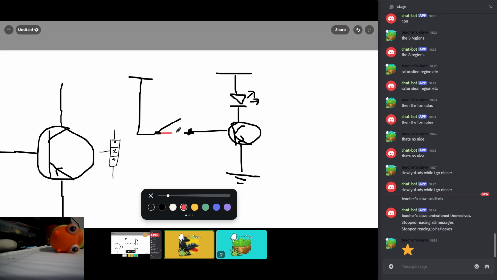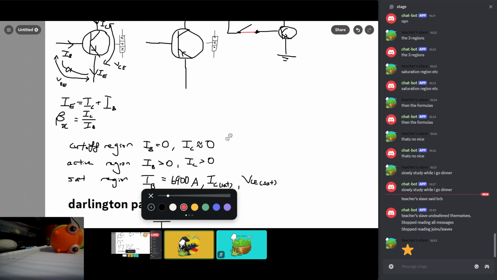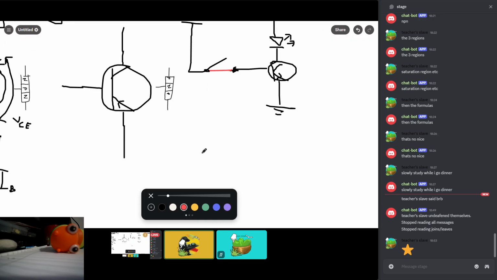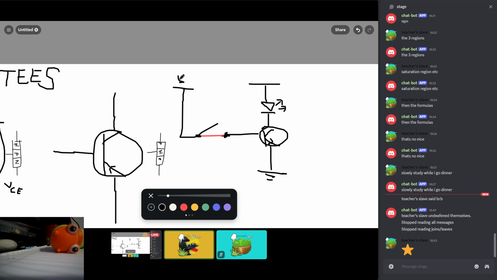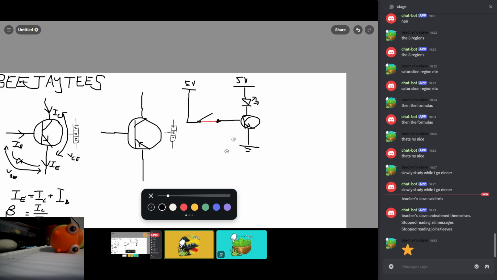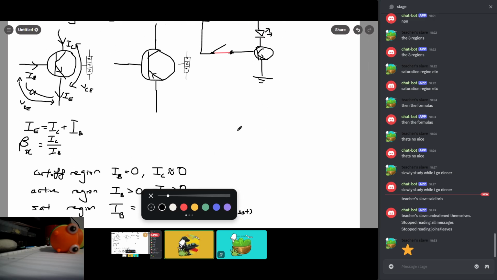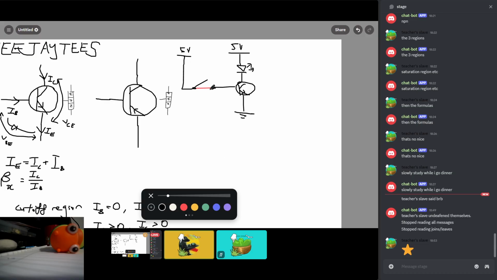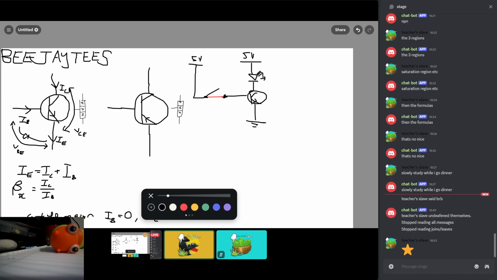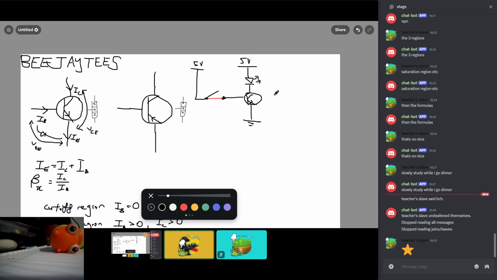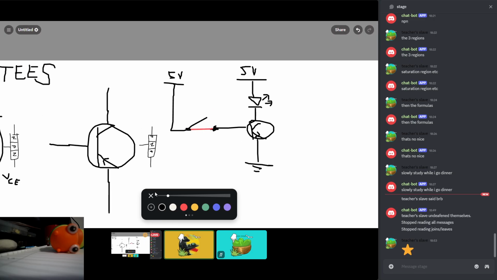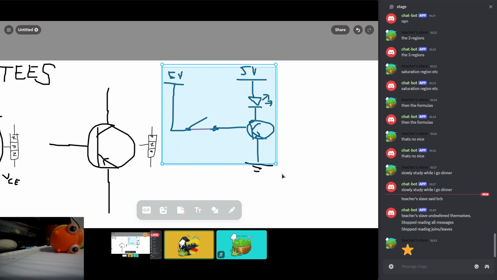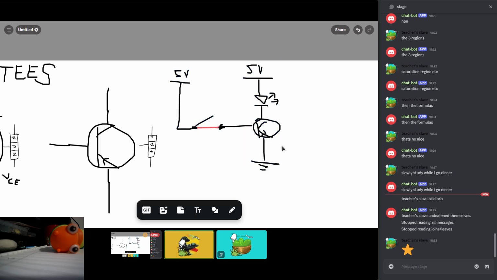But when I close this switch, the transistor will go into the saturation region because the current IB will be high enough for IC to reach its saturation, and then the LED turns on. That's a terrible explanation, but it gets the point across that the transistor is basically used as a switch.